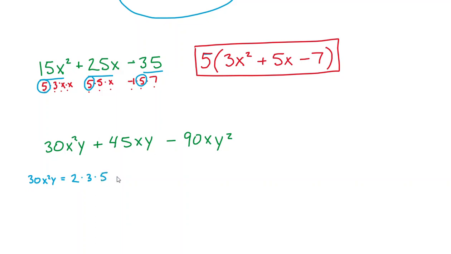So 2 times 3 times 5. And then x squared is x times x, and then there's a y. So I have the prime factorization of that first term.